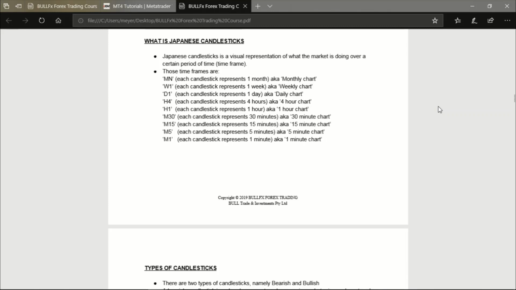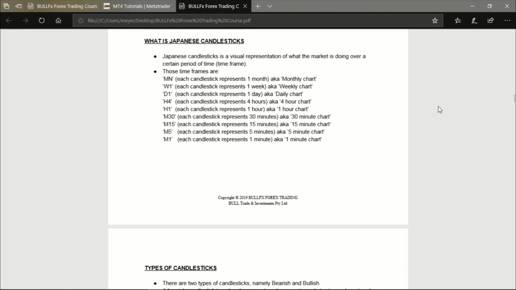H4 shows you what happened over 4 hours within the day, and that is known as a 4-hour chart. H1 shows you what happened within the 1 hour, and that is known as a 1-hour chart. M30 is where each candlestick shows you what happened every 30 minutes, also known as a 30-minute chart.